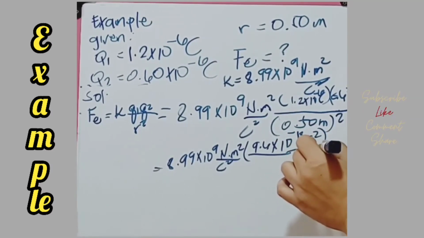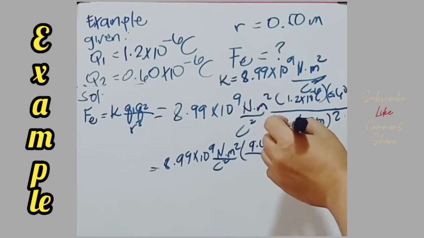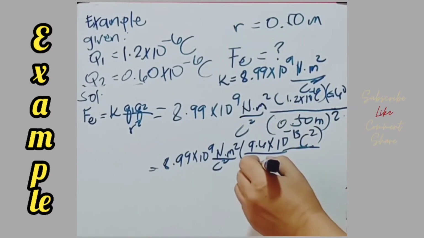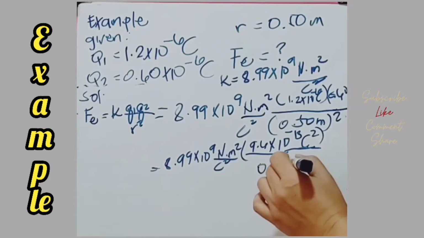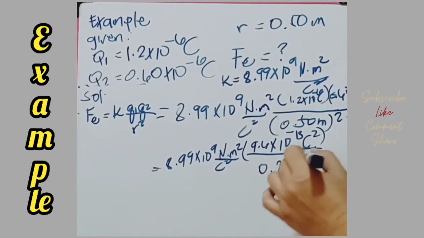Okay, all over 0.50 squared is 0.25 meter squared.